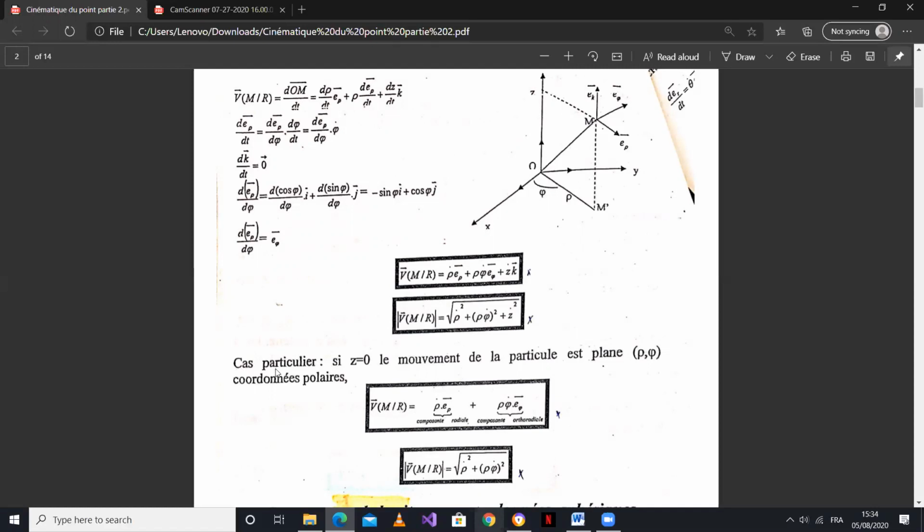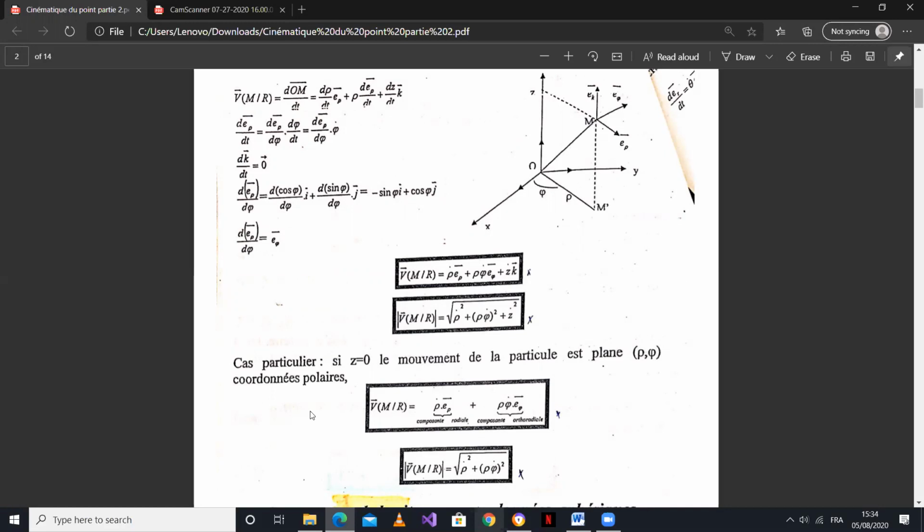As you can see here, cas particulier, si z égale à 0, le mouvement de la particule est plane, rho, phi, coordonnées polaires. So the z coordinate will be equal to 0. So we'll just be left with these two, rho point e rho plus rho phi point e phi. And that will be our Vitess in the coordonnées polaires.